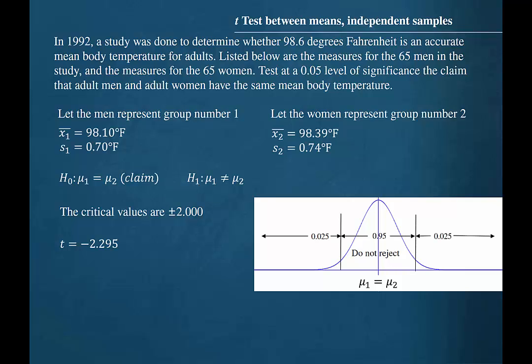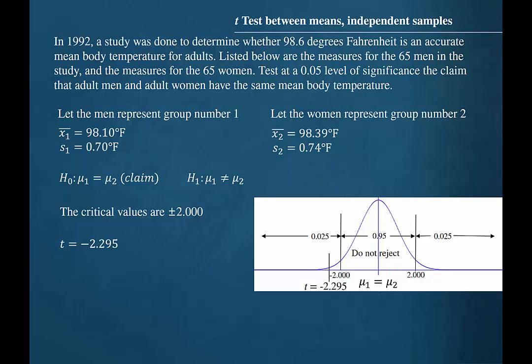In this problem, we are to test a 0.05 level of significance, so we split that value, also known as alpha, into the two tails. That would leave 95% of the sampling distribution between the critical values, and therefore it would be very unlikely that we would commit a type 1 error, which is to reject a true null hypothesis.